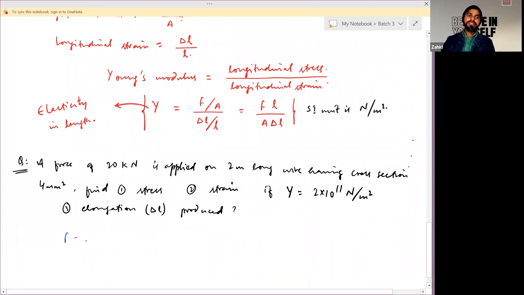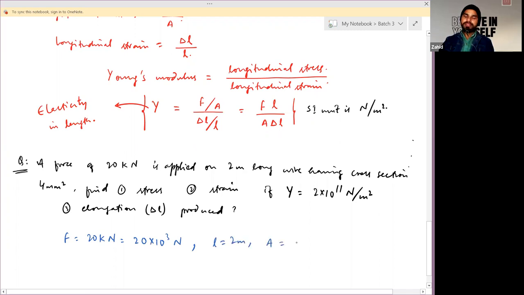You have force equal to 20 kilonewton. You have to write all quantities in SI units, so it will be 20 into 10 raised to power 3 Newton. Second, it is 2 meter long, so length will be 2 meter.